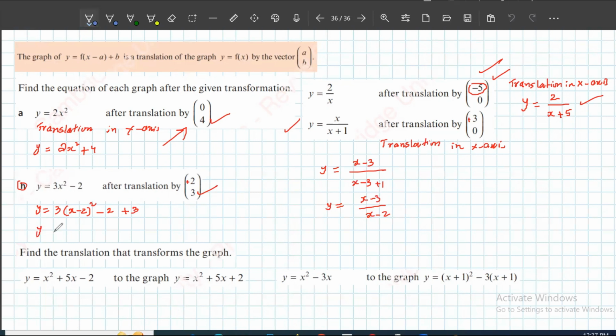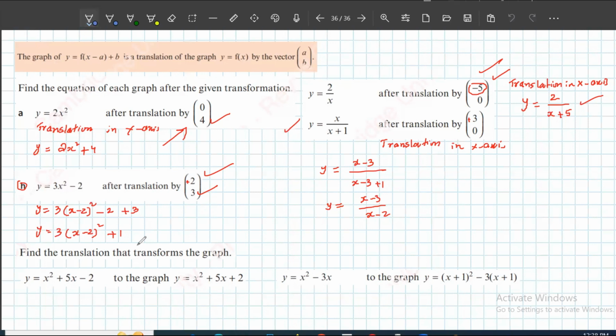Your new equation will become 3 bracket open x minus 2 whole squared plus 1. You can simplify further, but it's okay. We already applied this translation, which is along the x-axis as well as along the y-axis. So this is the combination of x and y. I hope you understand.